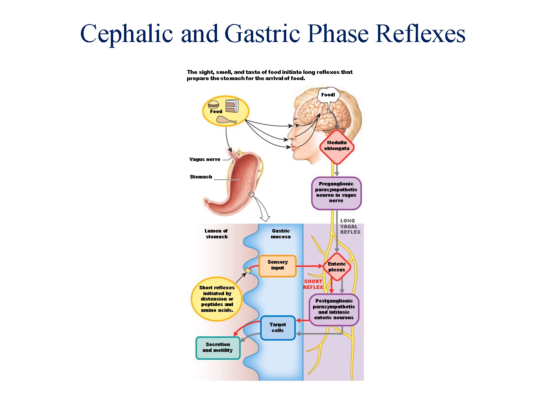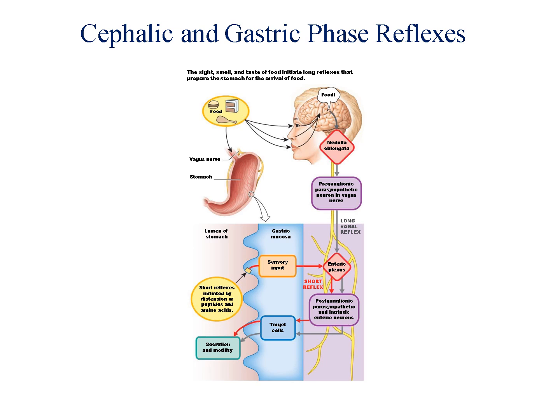The cephalic phase begins when the sight, smell, or thought of food activates sensory receptors in the brain. This information is processed in the medulla oblongata, which sends signals through the vagus nerve to the stomach. This long vagal reflex stimulates gastric secretions and motility, priming the stomach for digestion before food even enters.